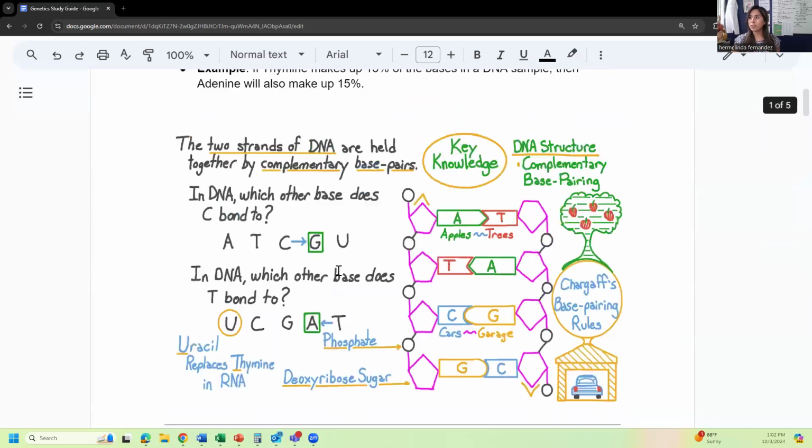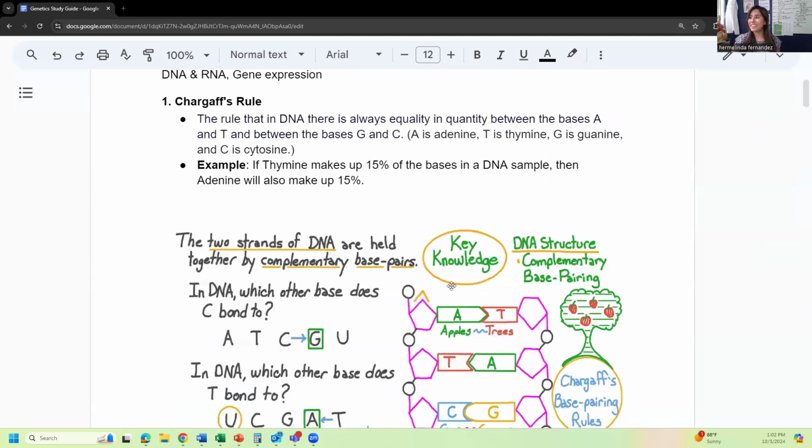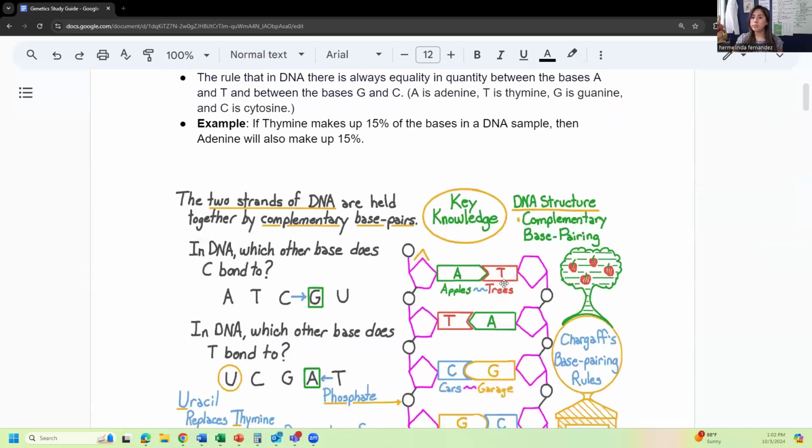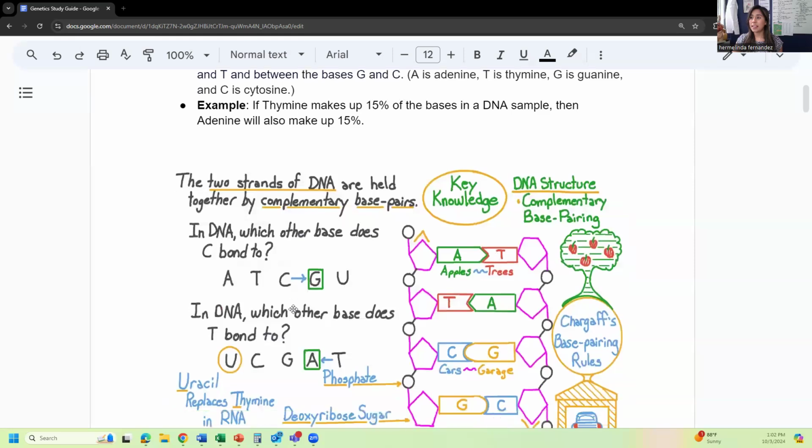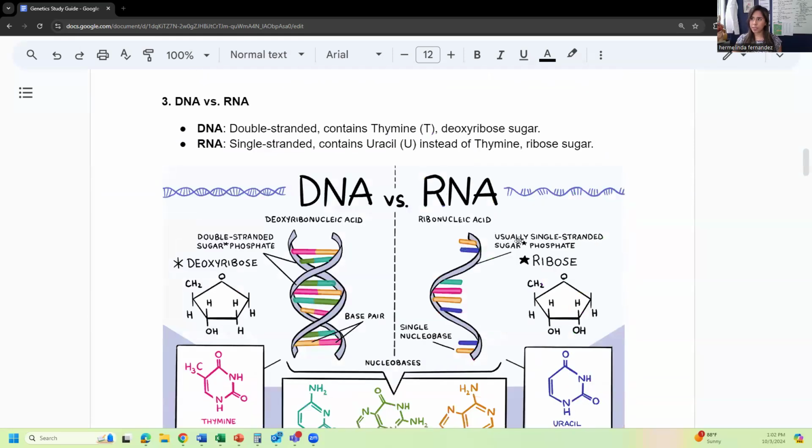So going back to our little tree here, we have apples going to trees, cars, and garages. DNA has that thymine. RNA, instead of thymine, uses uracil. And instead of deoxyribose sugar, RNA has ribose sugar, okay? So think of that R for RNA, ribose sugar, okay?